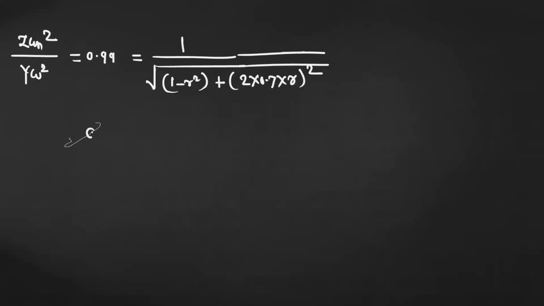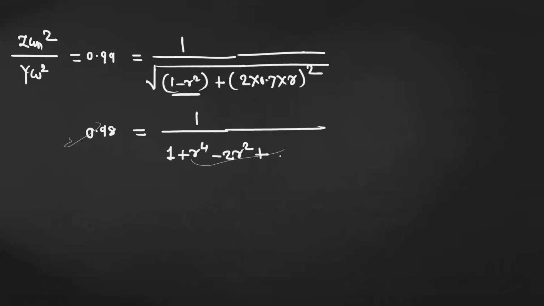So 0.99 square is equal to 0.98. This is equal to 1 upon, we can cancel the square root when we square the term. So this is 1 minus r square whole square, I will directly expand this: 1 plus r raised to 4 minus 2r square plus, 2 into 0.7 is 1.4, so this is 1.96 into r square.